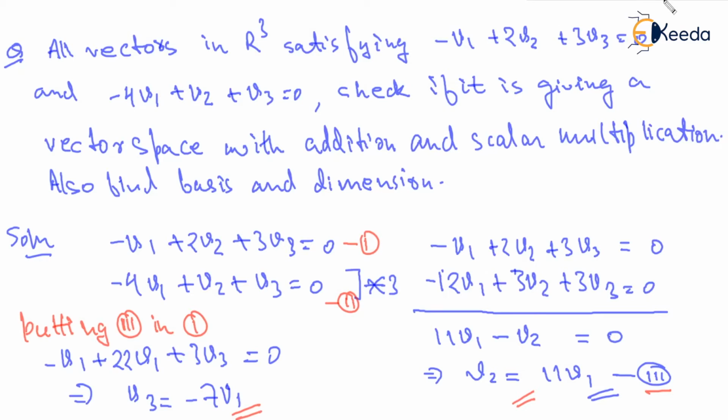So what happens? The solution we were looking for, although we cannot find the exact solution for now, we can say the solution is going to be v1, 11v1 and minus 7v1.